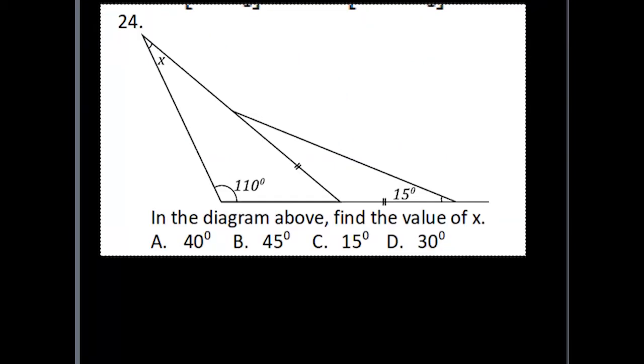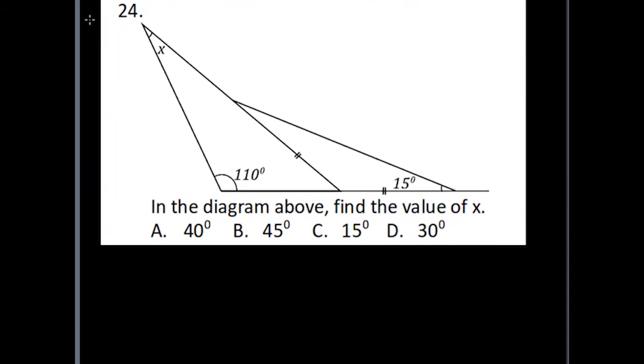Let's move on. We have a diagram here, and it says we should find the value of x. I can see just 2 triangles. If I take this triangle, for instance, this sign shows that it is an isosceles triangle. So if this is 15 degrees, this is also 15 degrees.